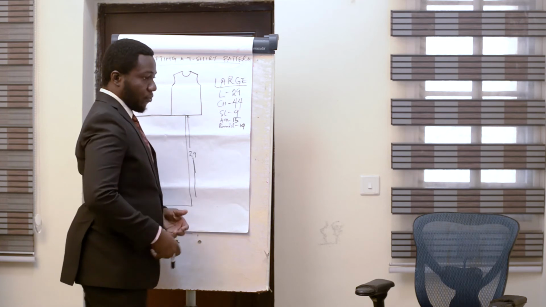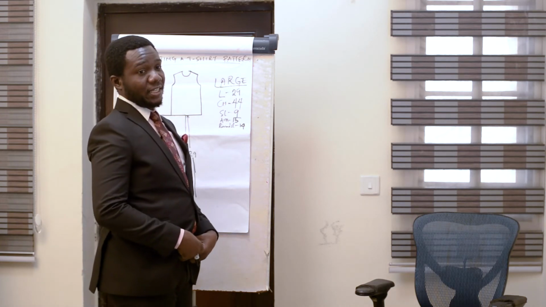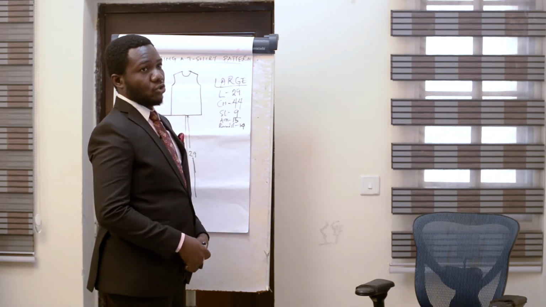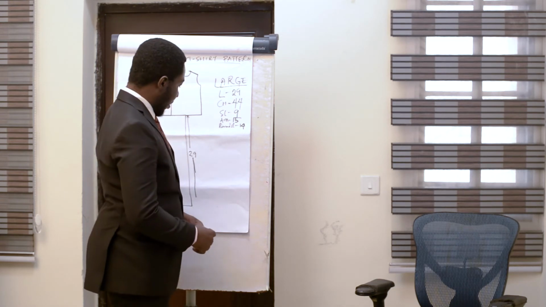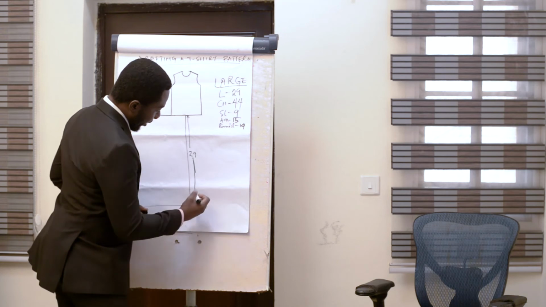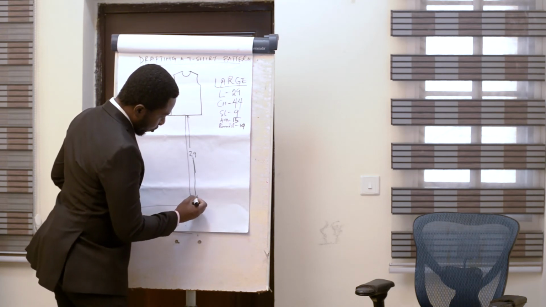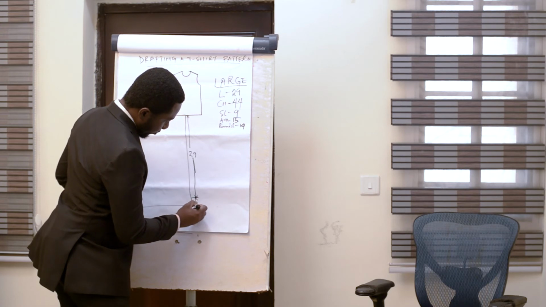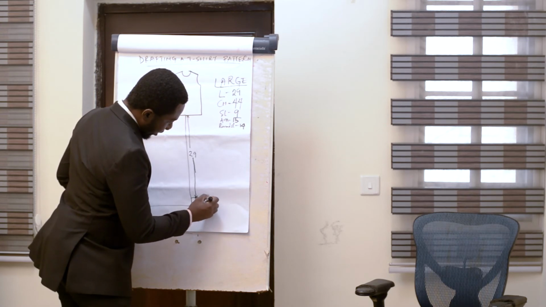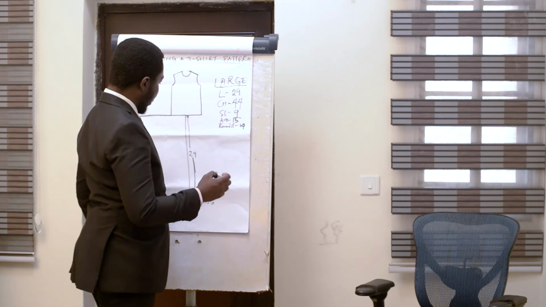Normally folding for a t-shirt is usually around 1 inch, and for the joining allowance about ½ inch, that gives you about 1.5 inches. So this is where 29 stops, you are adding an extra 1.5 inch, which is the sewing allowance. So what you are going to have is 30.5 inches, right, for the length.